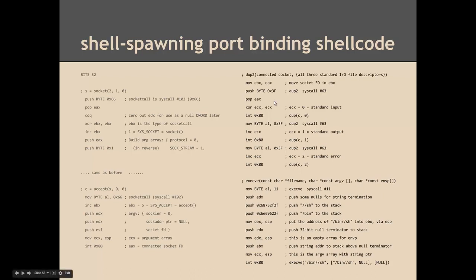And this lets you then specify the dup2 system call. Then what we do is we XOR out ECX. We do dup2 on the new socket file descriptor and then standard in.